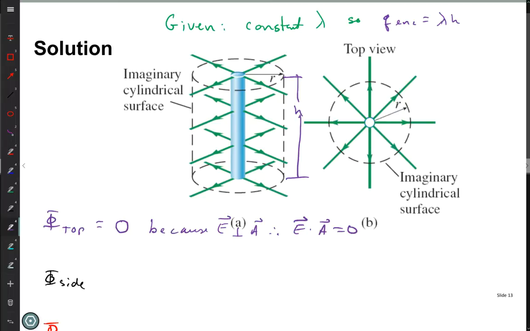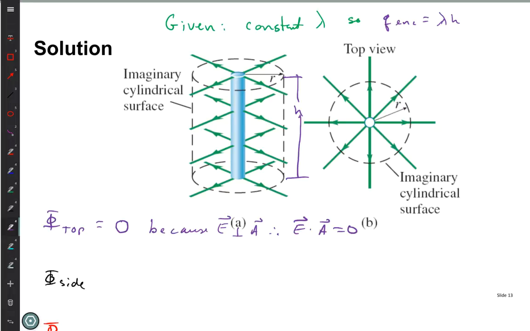The parallel parts are 0 because they're perpendicular. So that made it easy. That's why that was one of our conditions for exploitable, because the flux is 0 if the electric field is perpendicular to the normal to the surface. Or to put it another way, if the electric field is running parallel with the actual plane the surface is in.